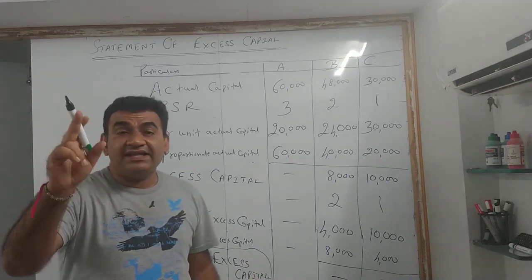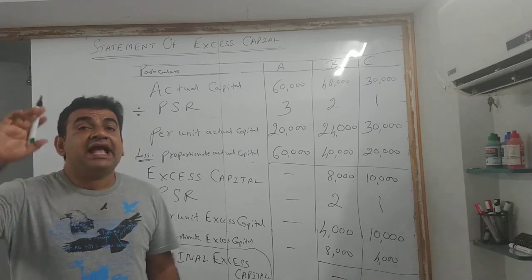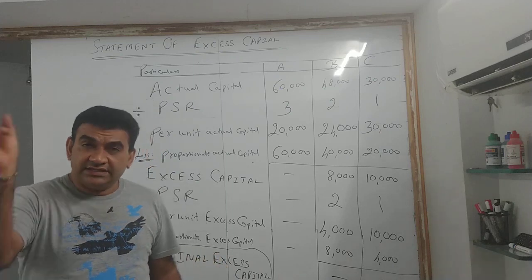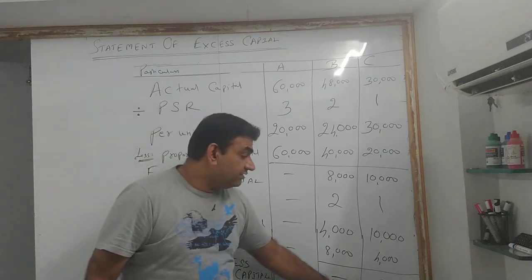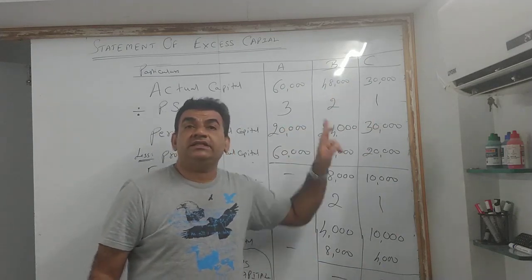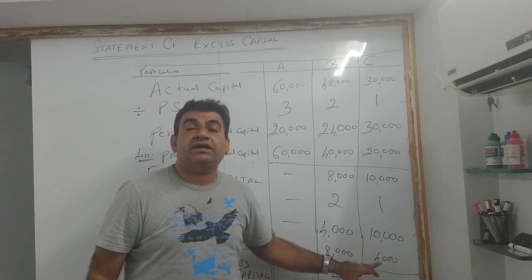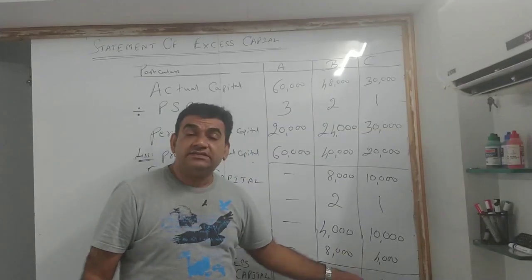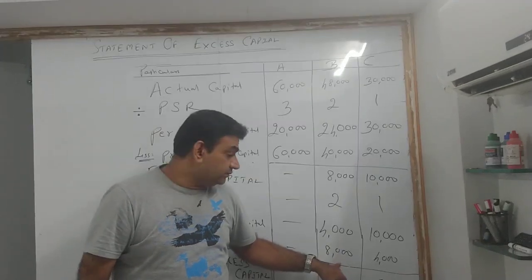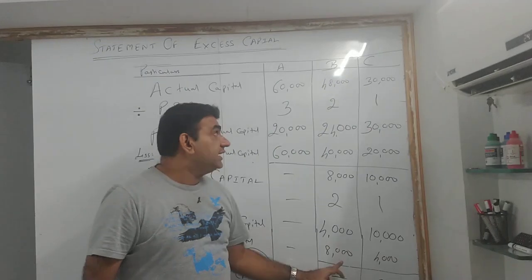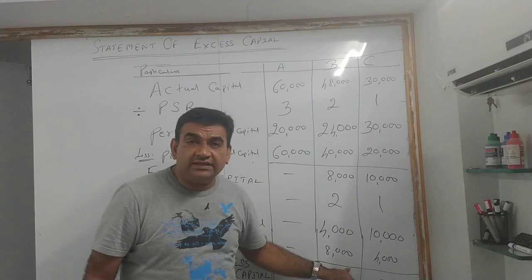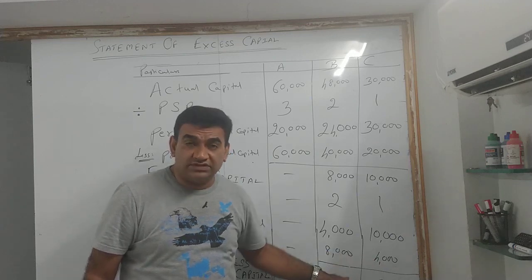Clear? Why final excess? The reason we are preparing this is, after you pay all the outsiders, first you will pay the final excess to the partner C. After paying 6,000 to C, you will come to the second last payment, that is B 8,000 and C 4,000.